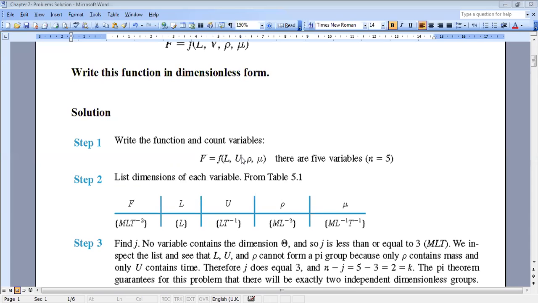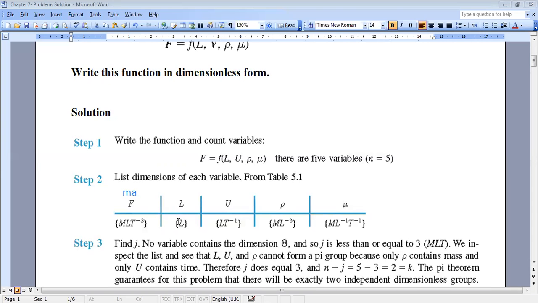If we choose to work in MLT, and you forgot the dimension of force, just go back to the relation: force is equal to mass times acceleration. So the dimension of force will be M L T^-2, because the acceleration is in meter per second squared.